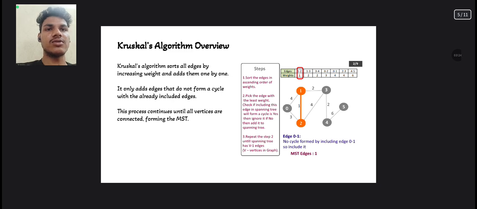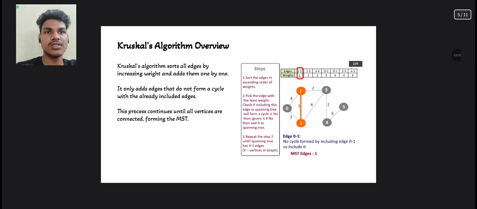We can dive into Kruskal's algorithm overview. Kruskal's algorithm sorts all edges by increasing weight and adds them one by one. It only adds edges that do not form a cycle with the already included edges.